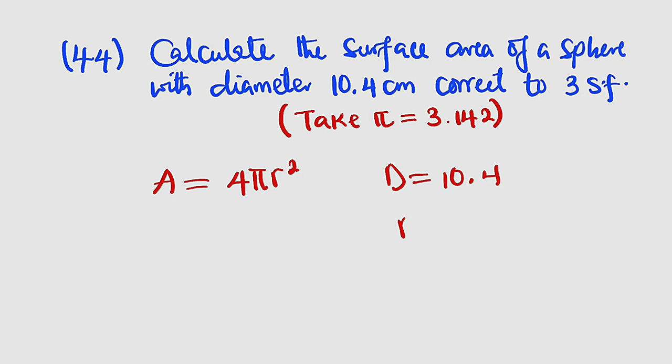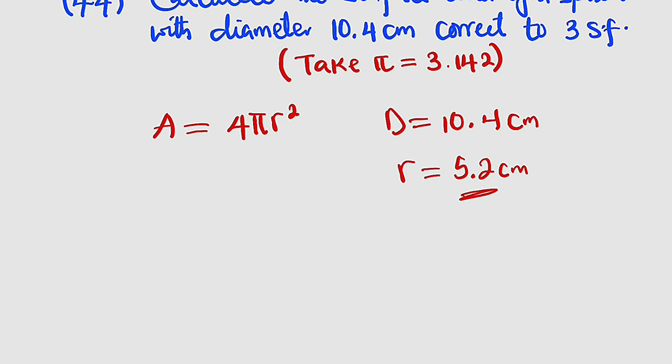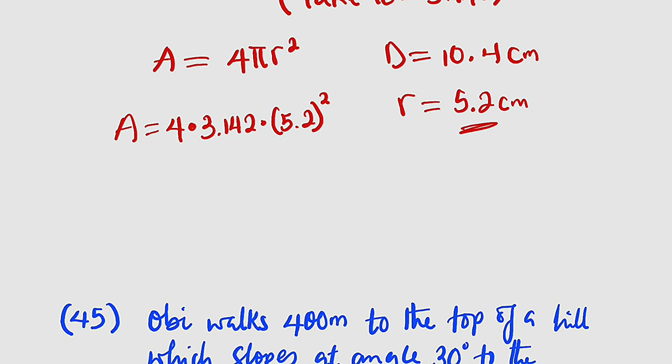Therefore, radius will be equal to half of this, and half of this will be 5.2 cm. So we are going to use 5.2 as our radius. So therefore area is equal to 4 multiplied by pi, which they say we should use 3.142, then multiplied by radius squared, that is 5.2 whole squared.